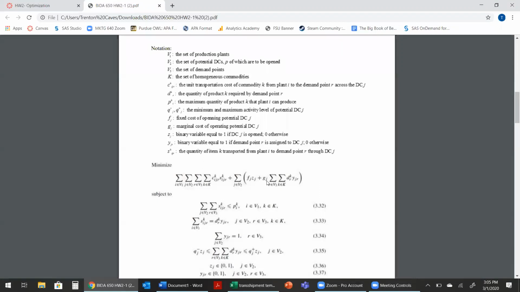So let's break out again that second half. For all distribution centers, the sum over J subset V2, we're trying to minimize. The first part of the equation is the cost of opening the distribution center. And the second part of that equation is the cost of operating the distribution centers as they're assigned to the demand points for specific commodities, specific products.